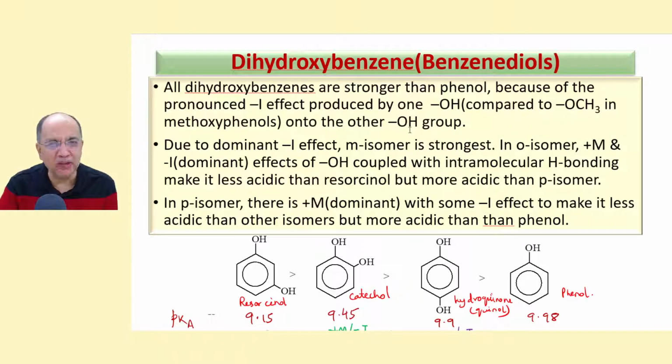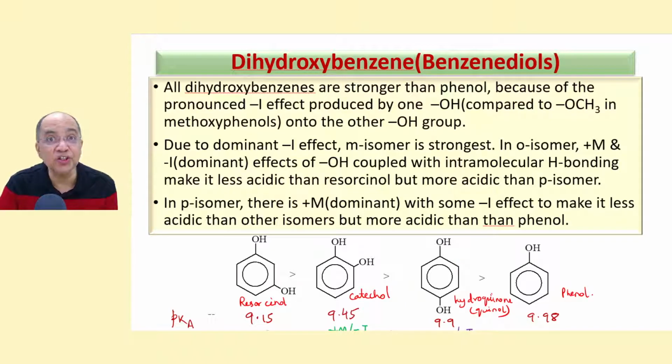1,2, 1,3, 1,4 benzene diols. All the diols, dihydroxy compounds, are stronger than phenol, because the minus I effect of one OH will help increase the acid strength of the other OH, because one OH is to be considered for the first dissociation constant.